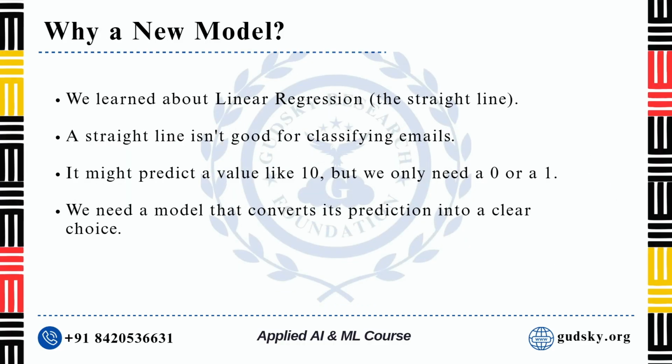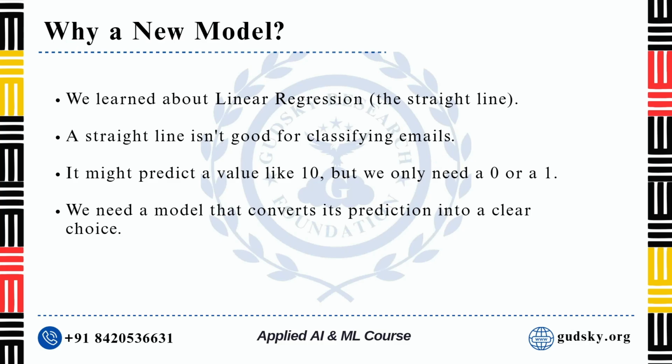Imagine if we tried to use the simple straight line we used before. Sometimes the prediction might be a number like 10 or even negative 5. What does a price of negative $5 mean for an email? It makes no sense.